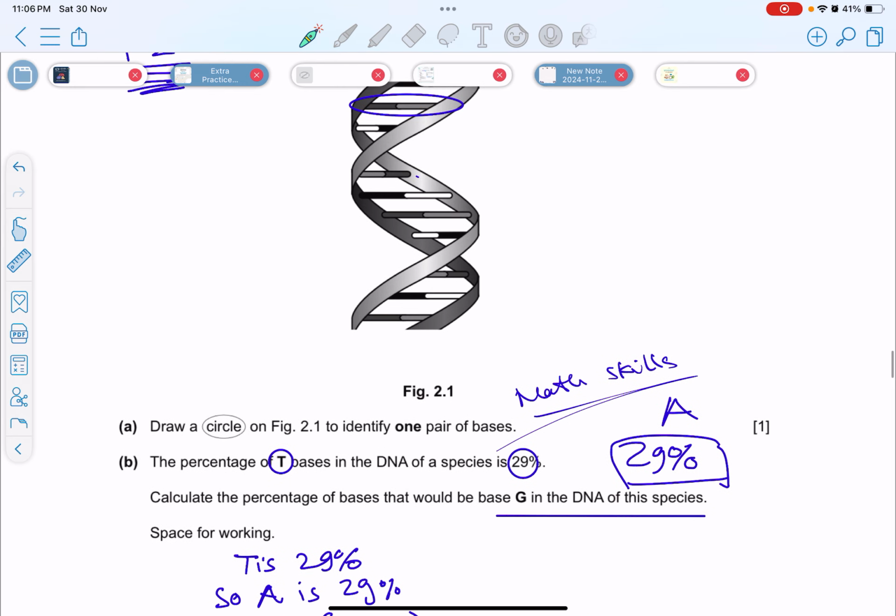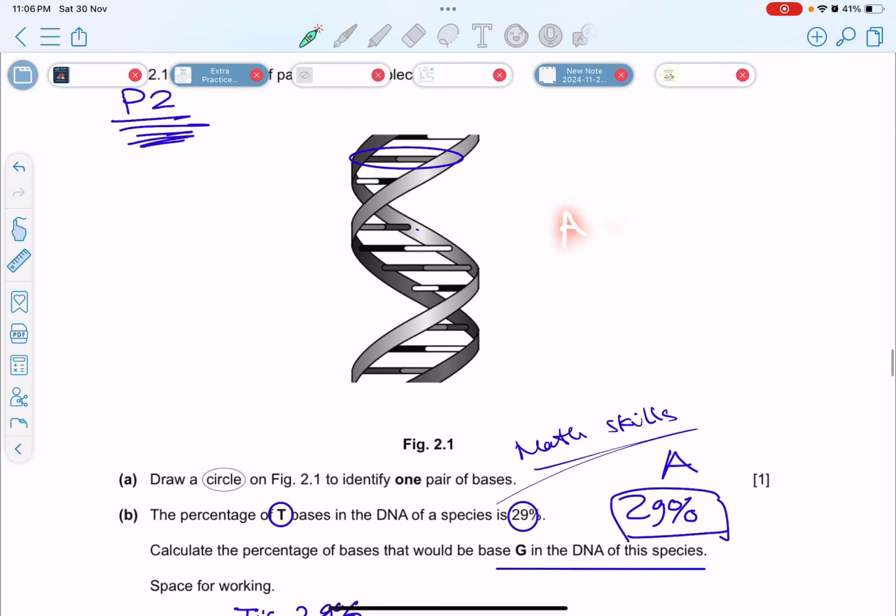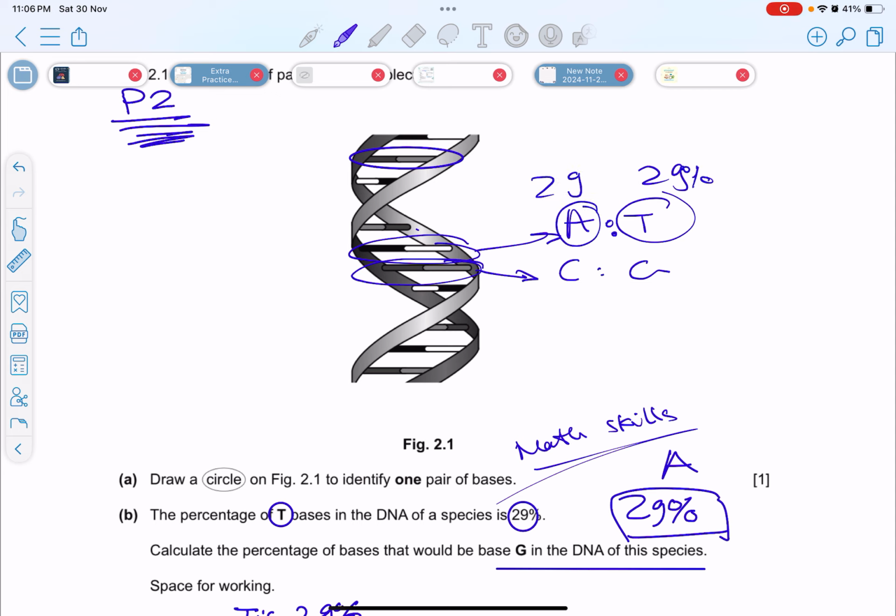So first of all, I need to know that A pairs with T and C pairs with G. What does that mean? That A usually bonds with T, and C with G. So when T is 29%, A must be 29%.